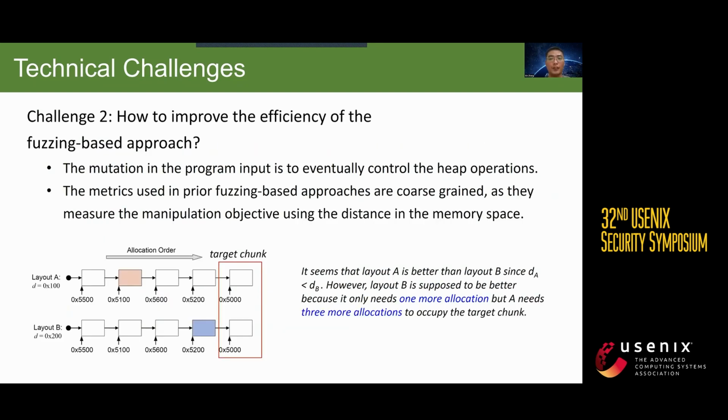The second challenge is how to improve the fuzzing efficiency. This contains two problems. One is how to locate the program input that controls the heap operations. The other is how to define a more fine-grained distance than previous work to direct the search direction.